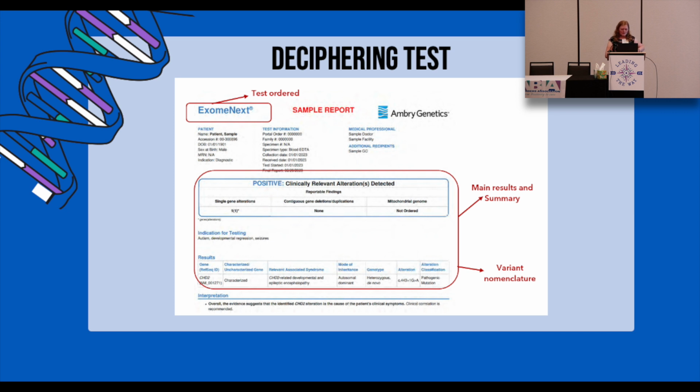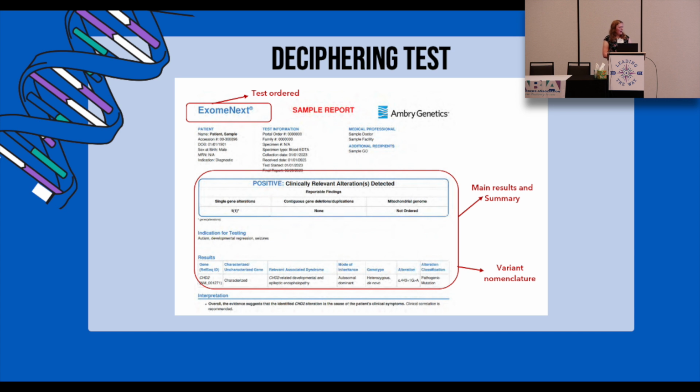So in this case, they were looking for both additional and missing pieces of DNA, as well as changes to just single letters, and also the mitochondrial genome, which isn't as relevant because none of the NBIA disorders are from the mitochondrial genome, but that might be something that was ordered with your genetic testing result.